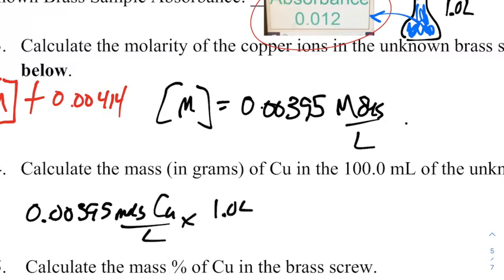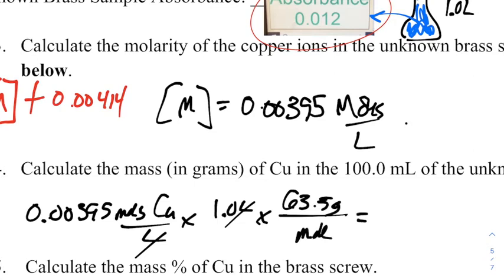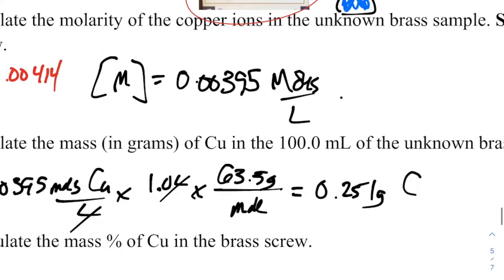Multiply that by my 1 liter. That gets me moles. And then I know that copper weighs 63.5 grams per mole from the periodic table. So I end up with 0.251 grams of my copper that's there.